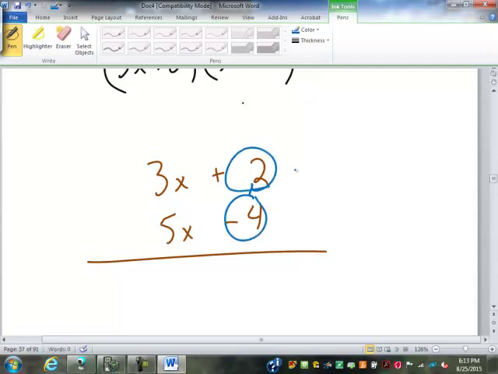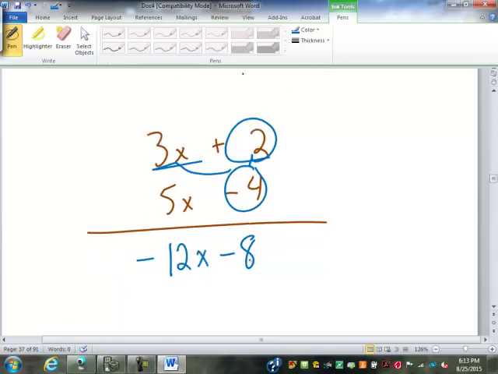Negative 4 times 2 is negative 8. Negative 4 times 3x is negative 12x. Now, just like with whole numbers, we'd leave a blank spot or put a 0 in here. We're going to do the same before we move over to the 5x. 5x times 2 is 10x.